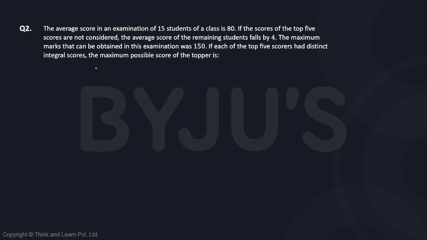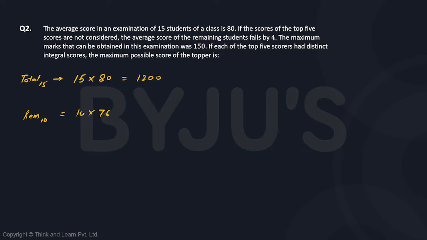So first of all, I'll find out the total of these 15 students. So total of 15 students will be 15 into 80, and that will be equal to 1200. So that is the total of these 15 students. Now if I remove the top 5 scores, then the average of the remaining 10 people will be 76.